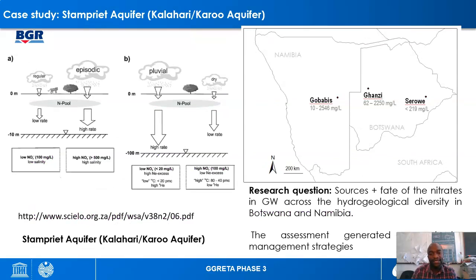The case study, 2 case studies will be looked at. Number 1 is that of the Stampriet aquifer. This is a Kalahari Karoo aquifer, and the work that was done by BGR through Steadley et al. will be looked at, basically looking at issues to do with sources and the fate of nitrates in groundwater across different hydrogeological diversities, within Botswana and Namibia.